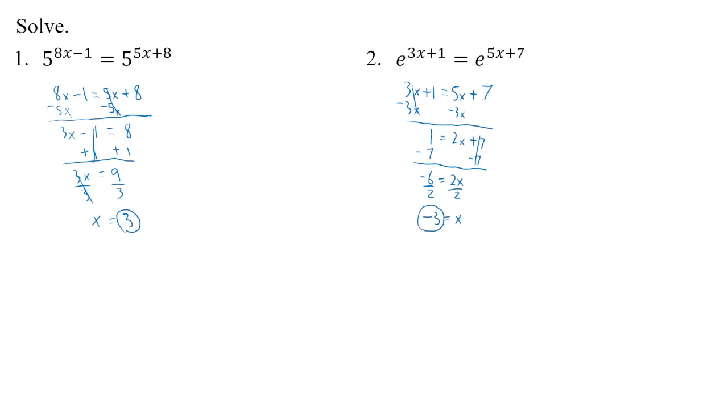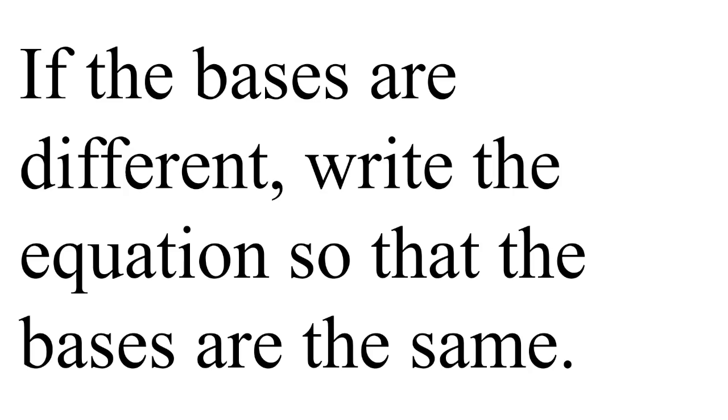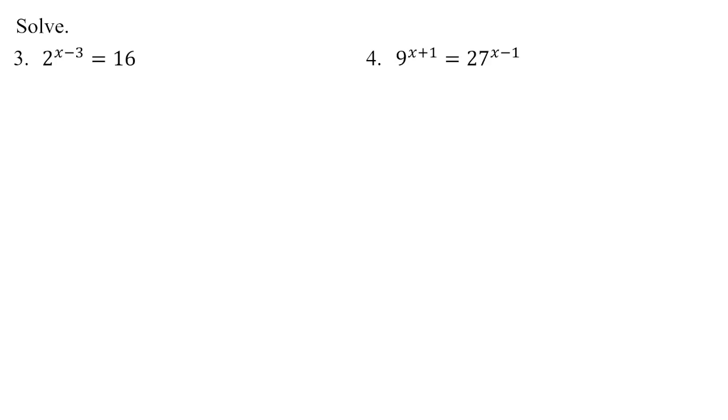But suppose that the bases are not the same. If the bases are different, you're going to write the equation so that the bases are the same. So let's look at what this is talking about. Let's say we have 2 to the x minus third power equals 16. Well, 16 is a power of 2.